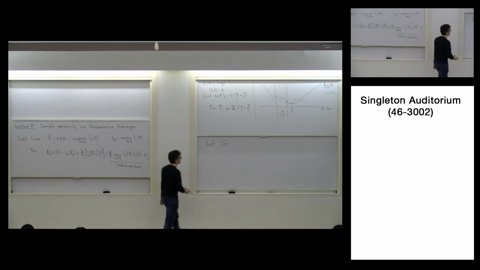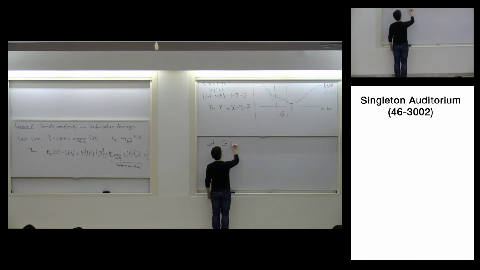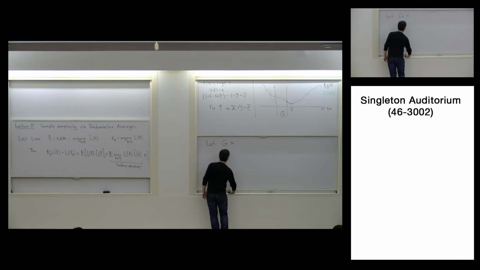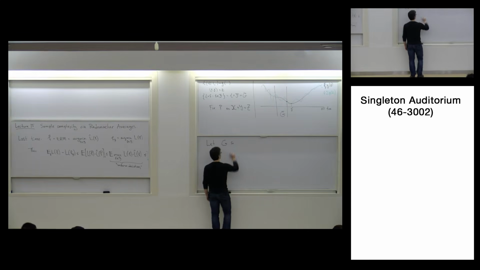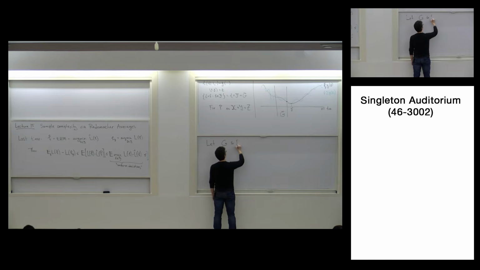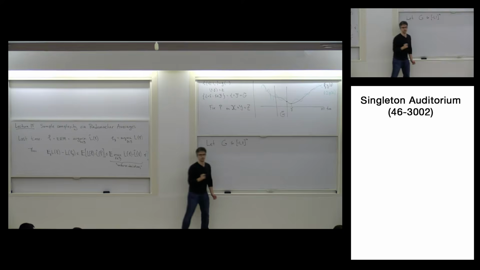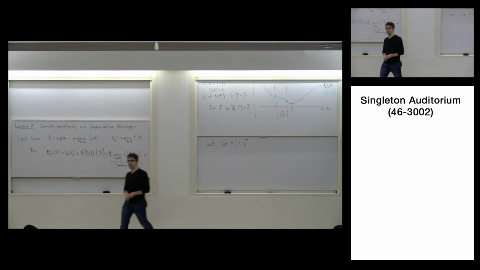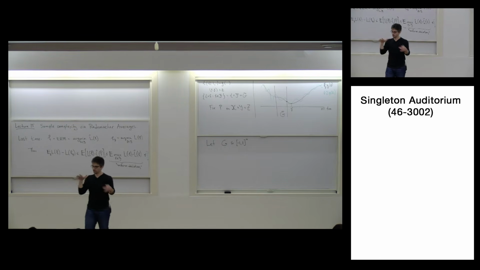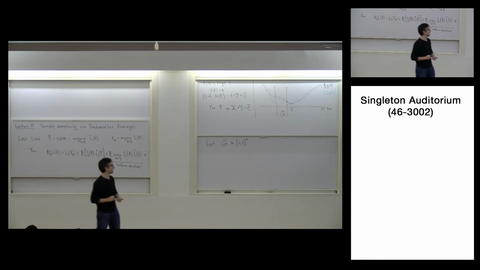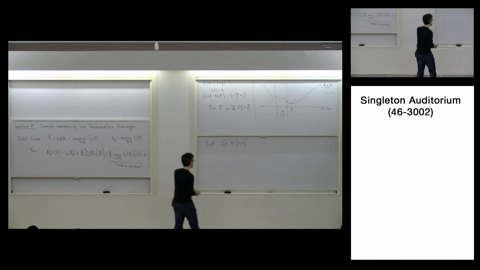For the next 20 minutes, this is going to be a subset, subset equal to -1, 1 to the power n. So -1, 1 to the power n is a hypercube, the whole box, in n dimensions.